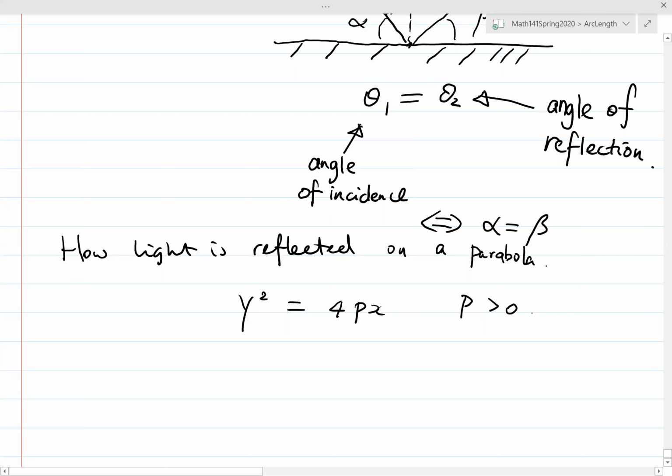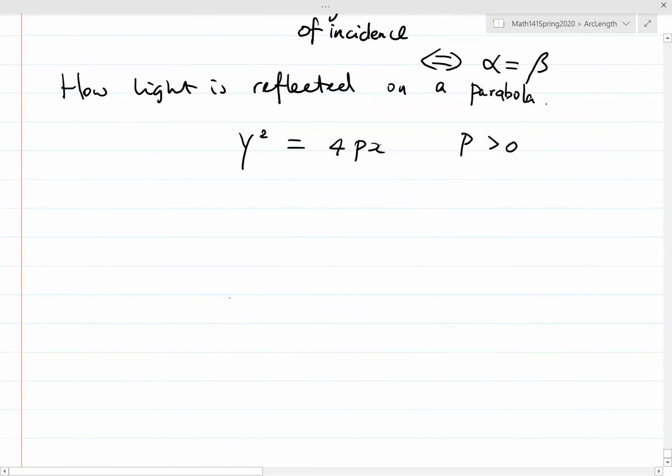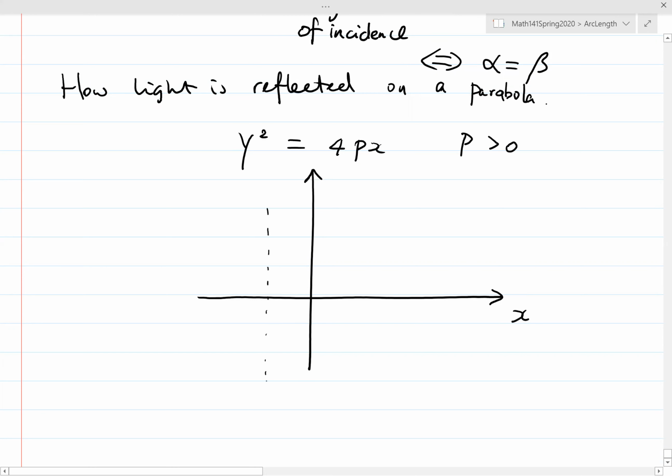Then we plot its graph. It looks like this. This is the x-axis, and we have the directrix and the focus.